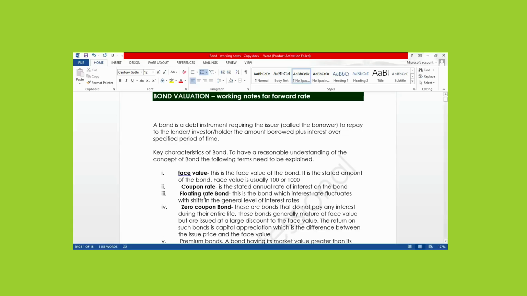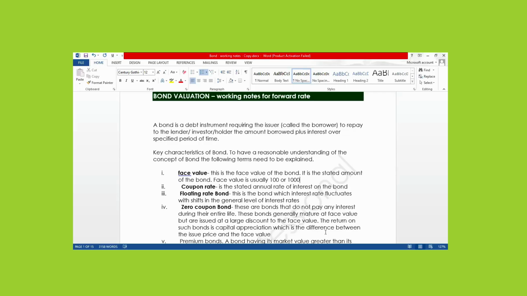Next, coupon rate. Coupon rate is the annual interest rate stated on the face of the bond. That is the interest rate stated on the bond. The coupon rate may be fixed. Fixed coupon rate bond.